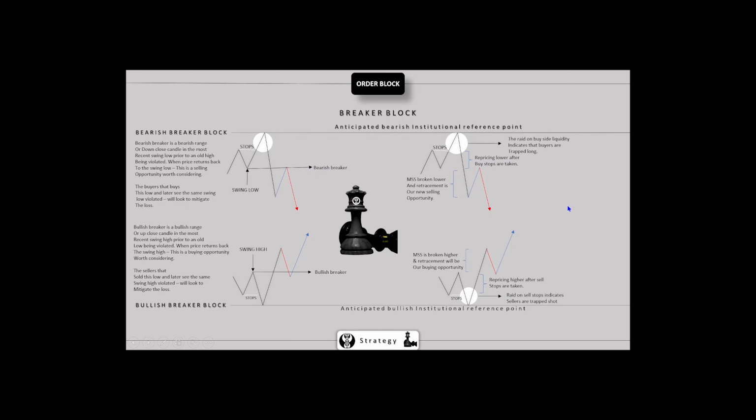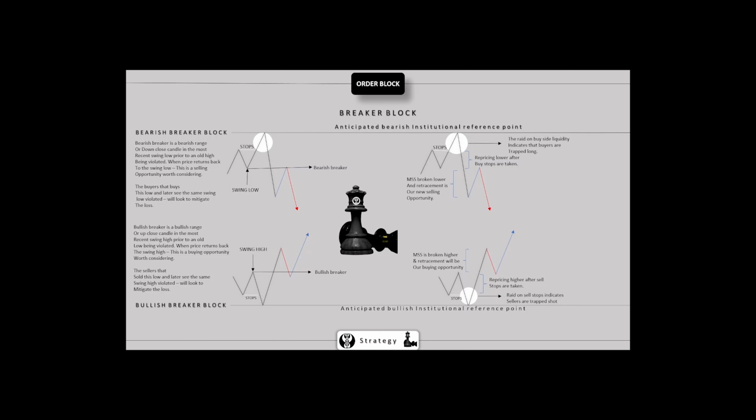Then we have something called breaker blocks. What are breaker blocks? Okay, in the breaker blocks, we can have two lines which we can identify. You will know how to identify them by backtesting these concepts.